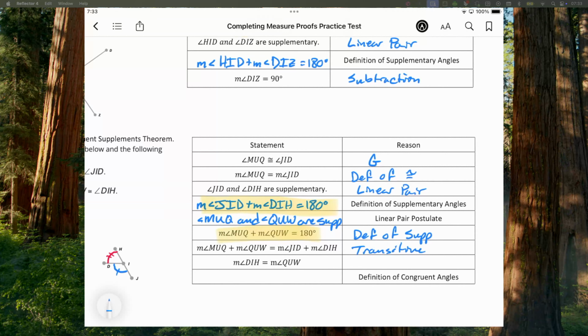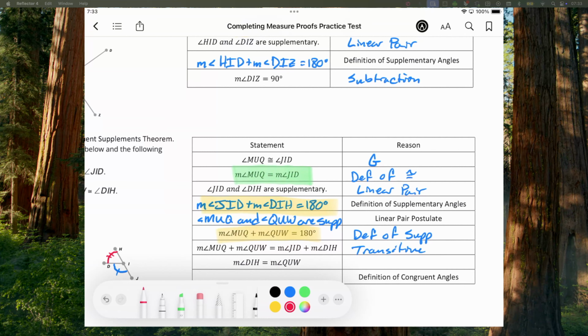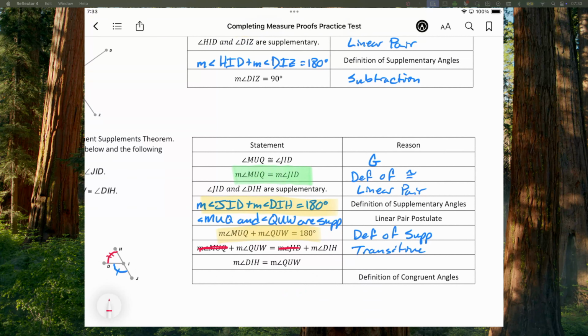And then, since MUQ and JID are equal, we can subtract MUQ and JID from each side.